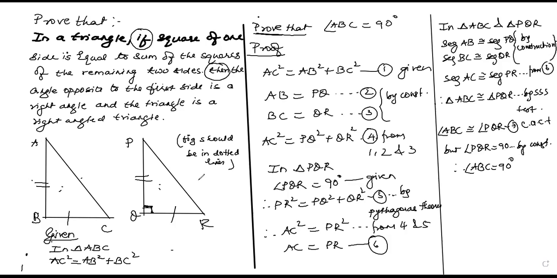Sure, children, we got angle ABC equal 90. So triangle ABC is a right angle triangle. So this is a proof of your converse of Pythagoras theorem. We go to the next, children.